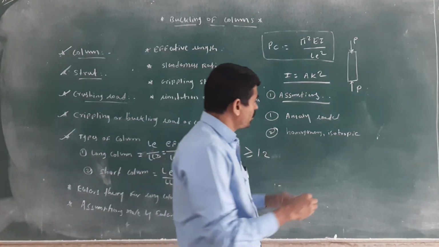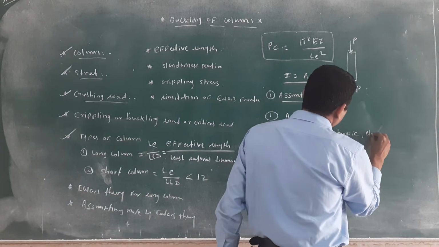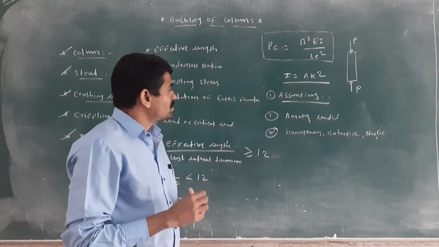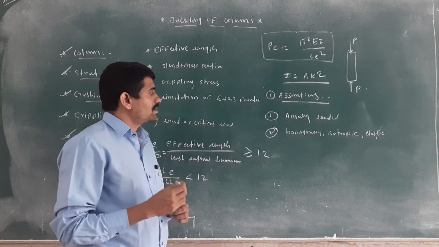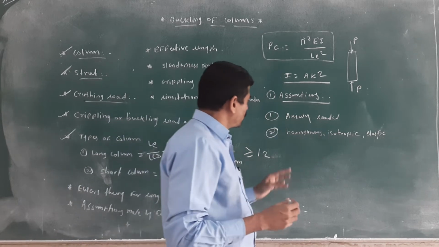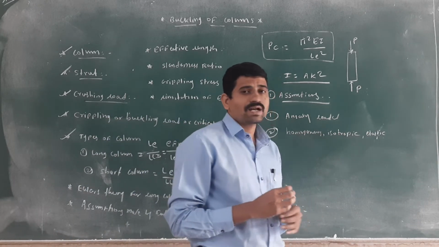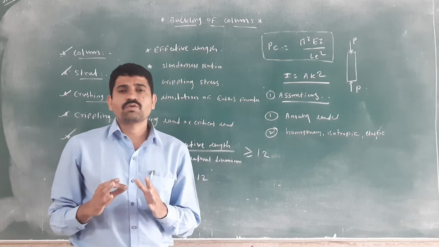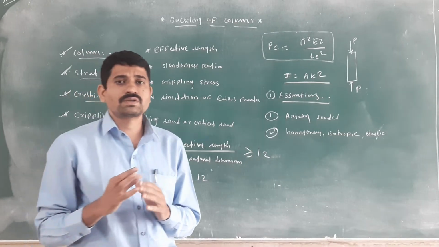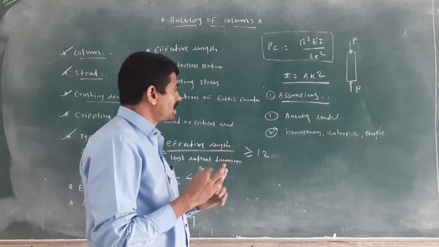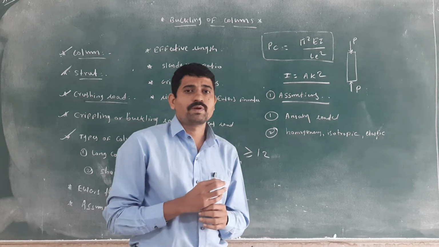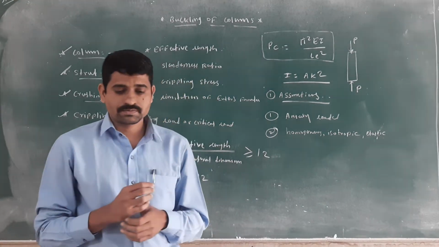Also, one more requirement for the second assumption: the material should be elastic, homogeneous and isotropic, and thus obeys Hooke's law. What is Hooke's law? The stress is directly proportional to the strain.